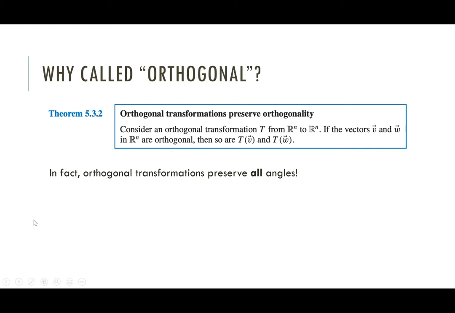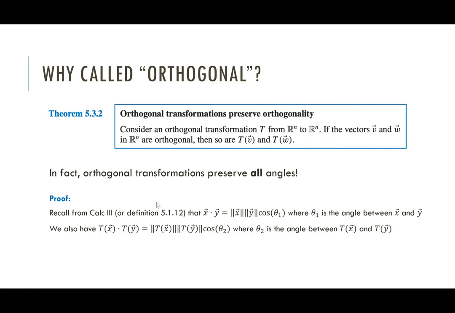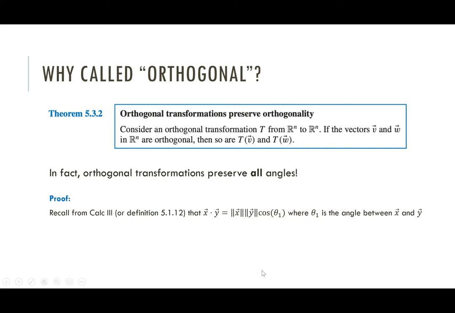So that's really nice. And we see this because it preserves the dot product. So yeah, we'll give a little proof here. You may recall from Calc 3, or if you just read the book carefully, they recall this themselves in definition 5.1.12. But in any case, in Calc 3, you have that x dot y equals the length of x times the length of y times cosine theta, where theta is the angle between x and y. And so similarly, we will do this for Tx dot Ty.